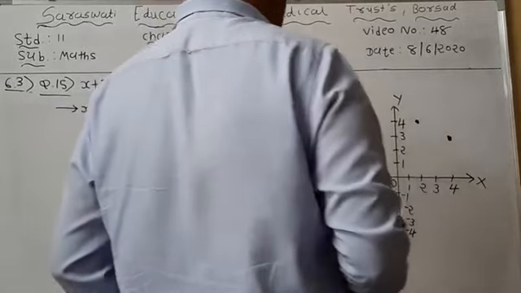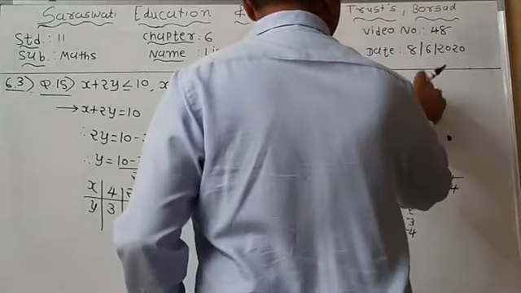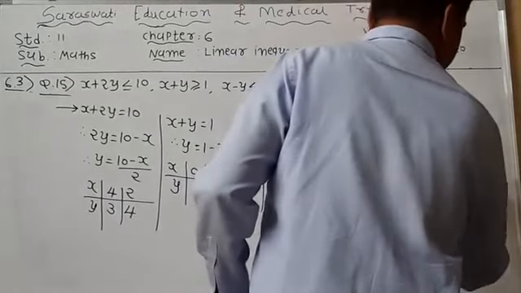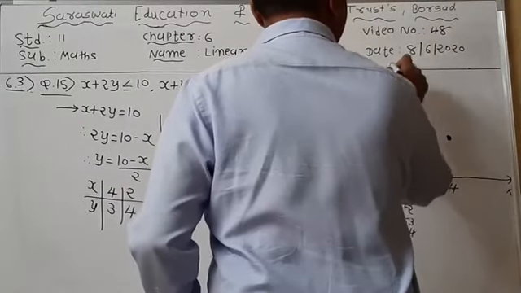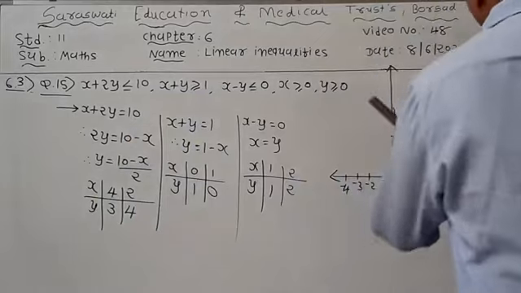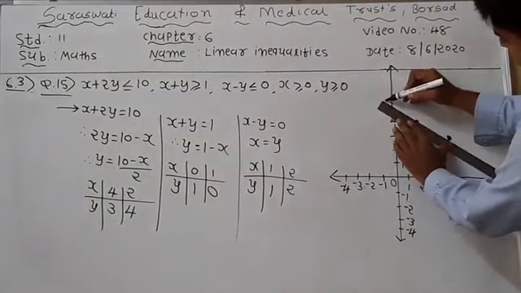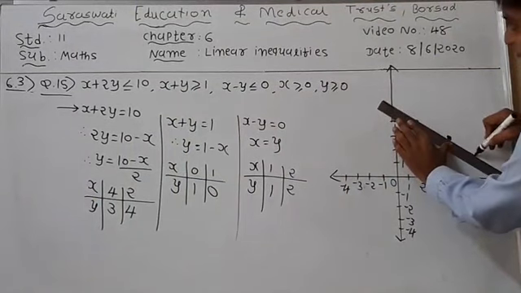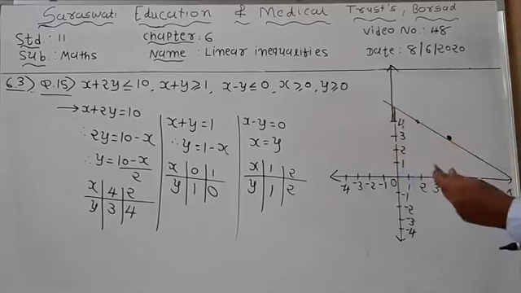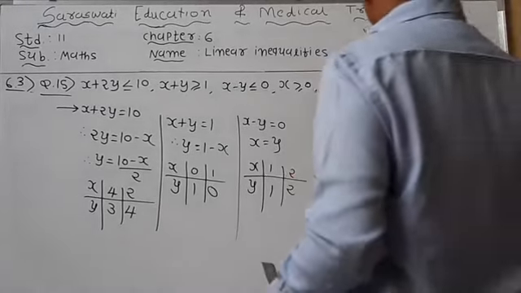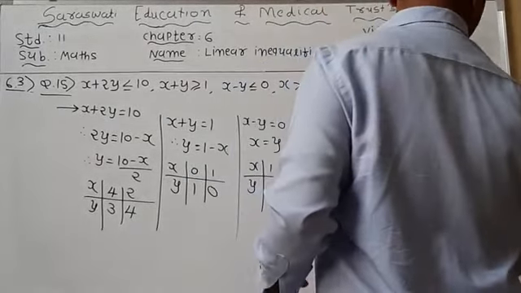Now how can we draw these points? Here we draw the x axis, and in the upper side the y axis. After joining both points, the less than or equal form is present, right? So here draw it dark.